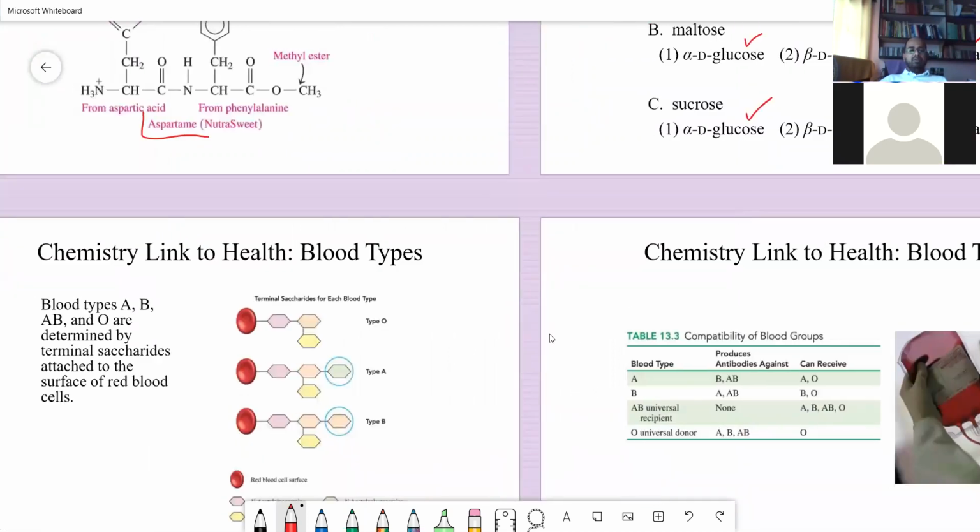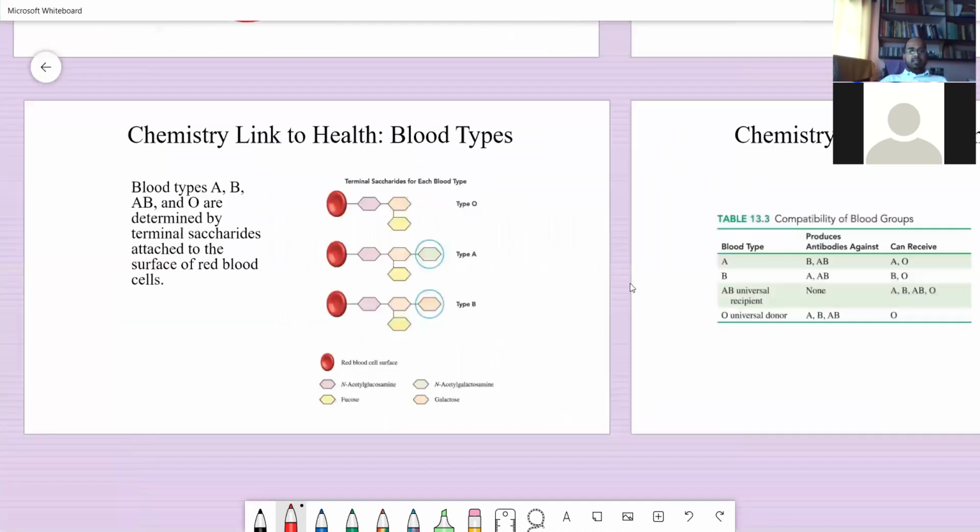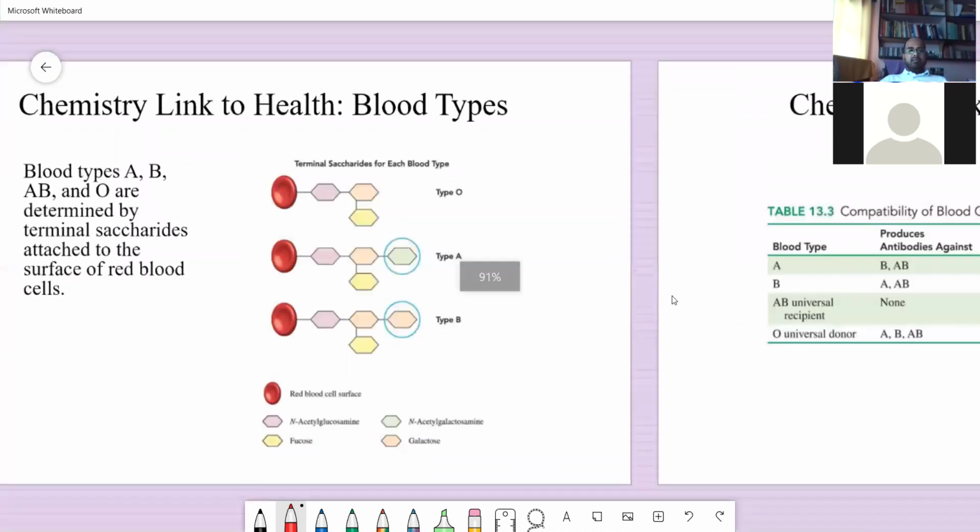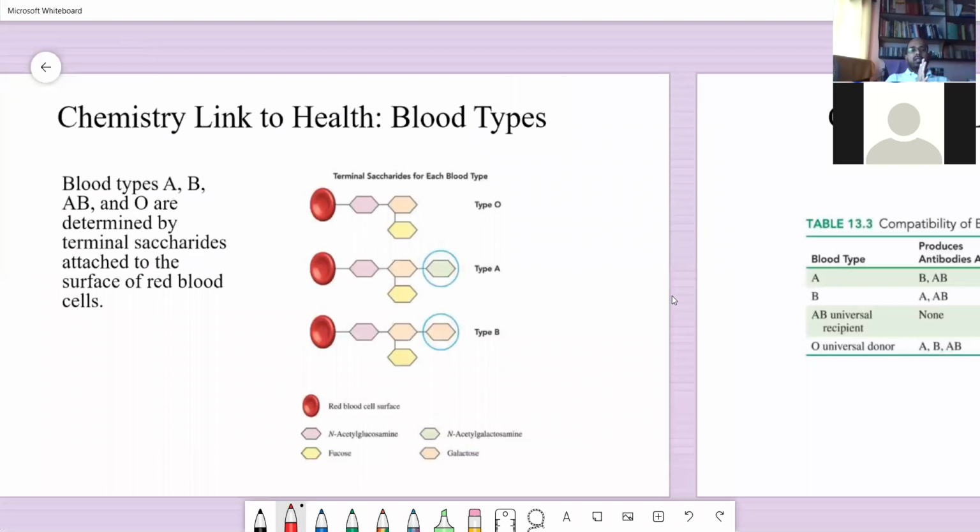And this is linked to blood types. You can see the significance of this: blood types A, B, and O are determined by terminal saccharides. For example, this is acetyl glucosamine, and this is fructose. If there is any fructose unit, it is type O blood.